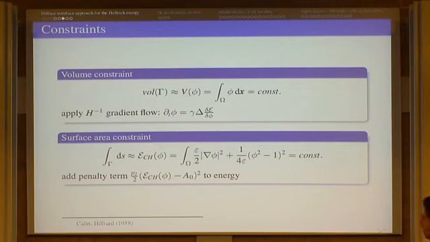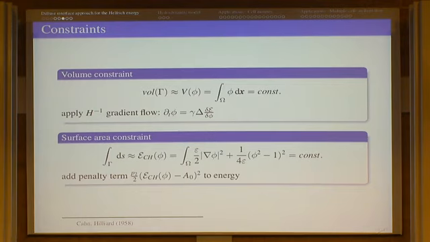Okay, and then for the surface area constraint, we approximate this surface area by the Cahn-Hilliard energy, and then we can construct a penalty term, which is done here. If A naught is our desired surface area, and if this term is equal to 0, then the energy is minimal, and then we conserve our surface.